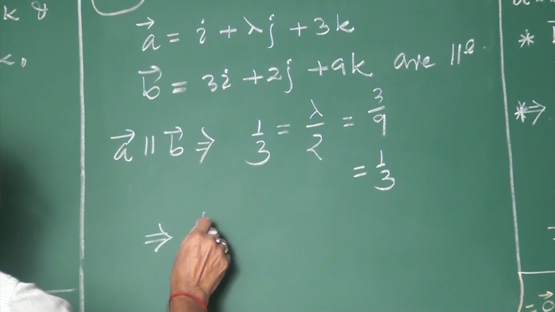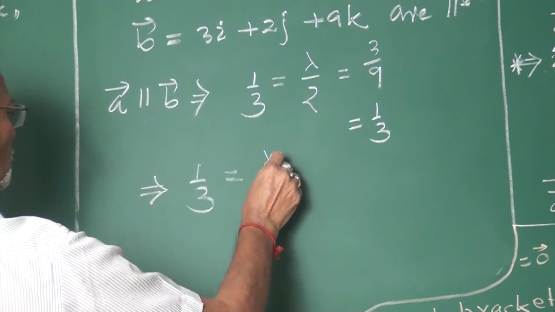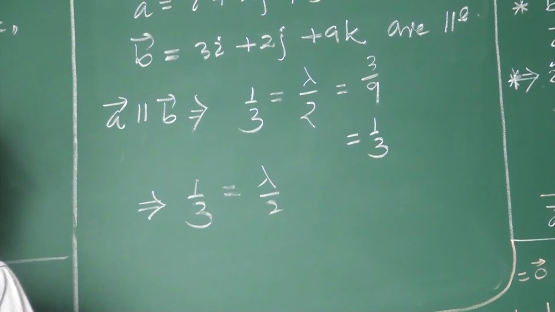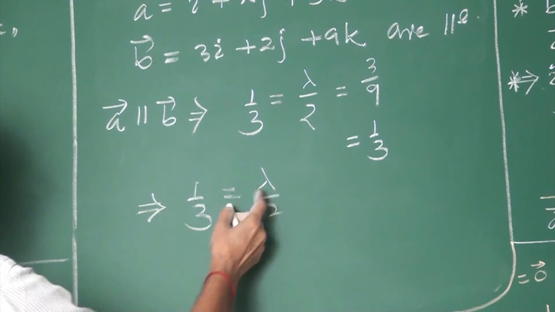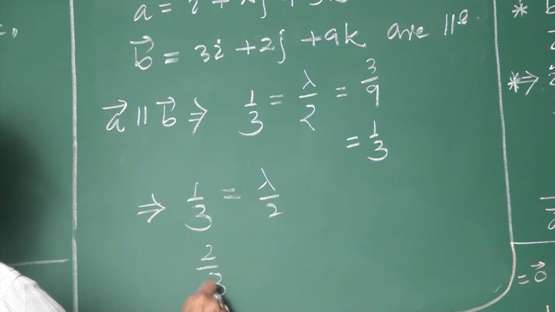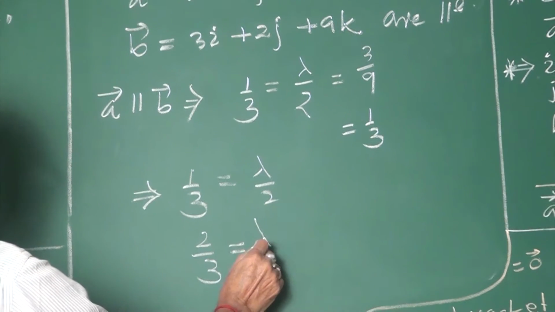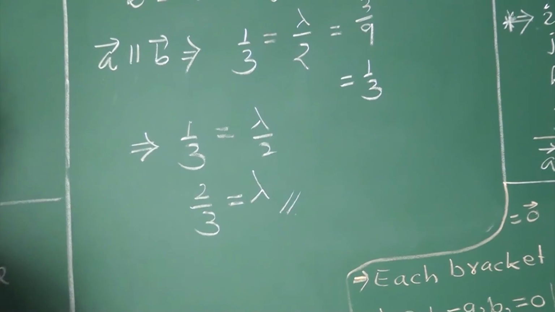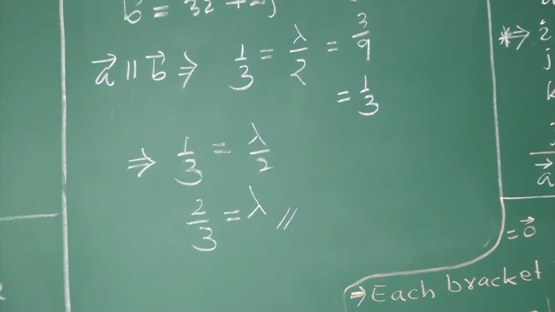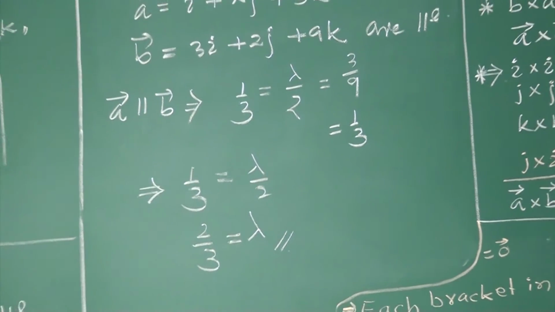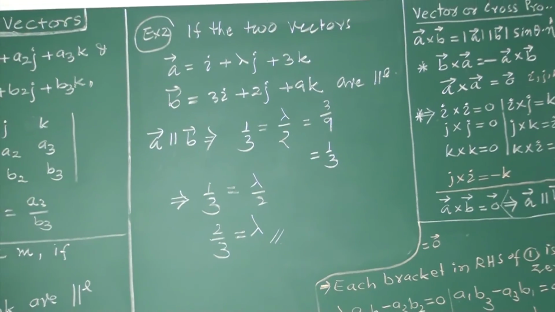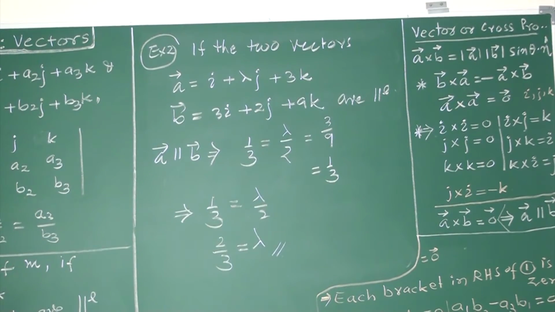So it is 1 by 3 equal to lambda upon 2. Therefore, 2 by 3 is lambda. Yes, my friends, I've done 2 examples of this type.